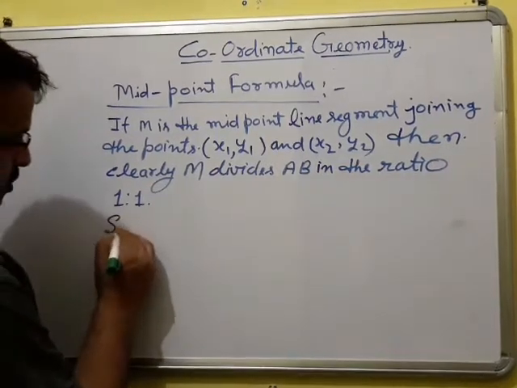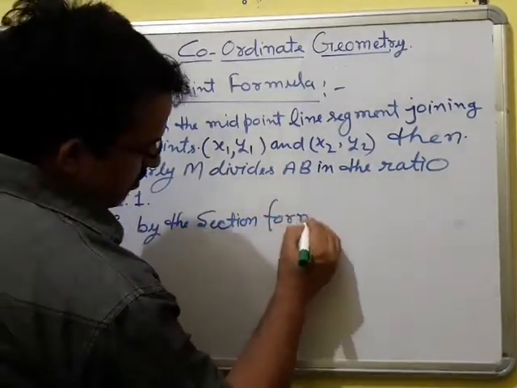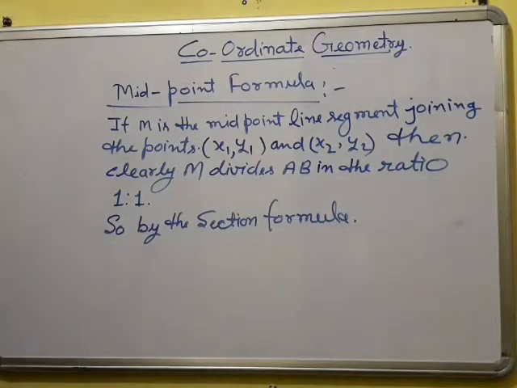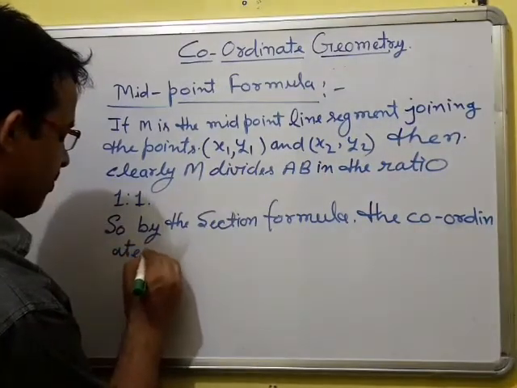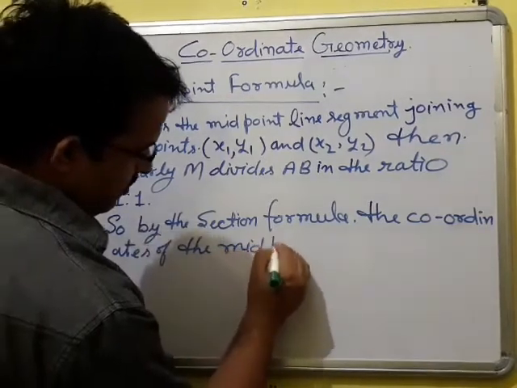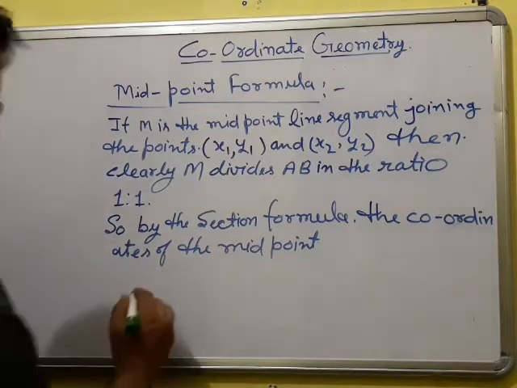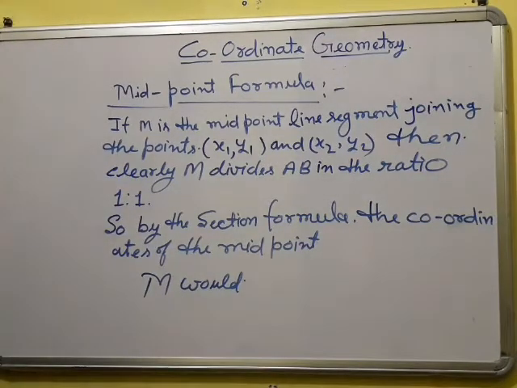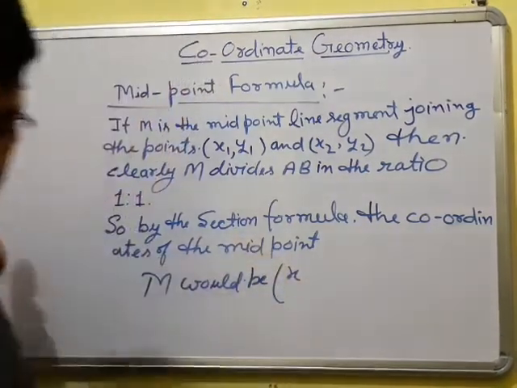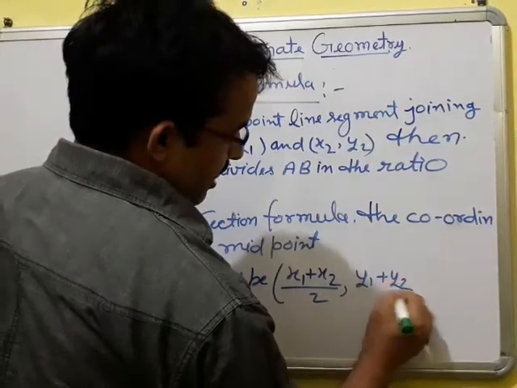So by the section formula, the coordinates of the midpoint M could be (x1 plus x2) by 2 and (y1 plus y2) by 2.